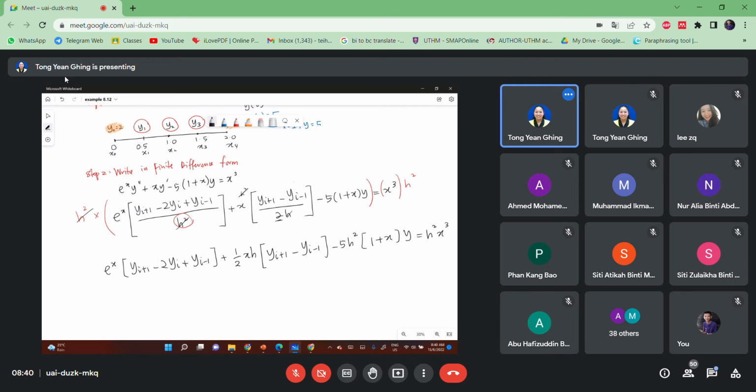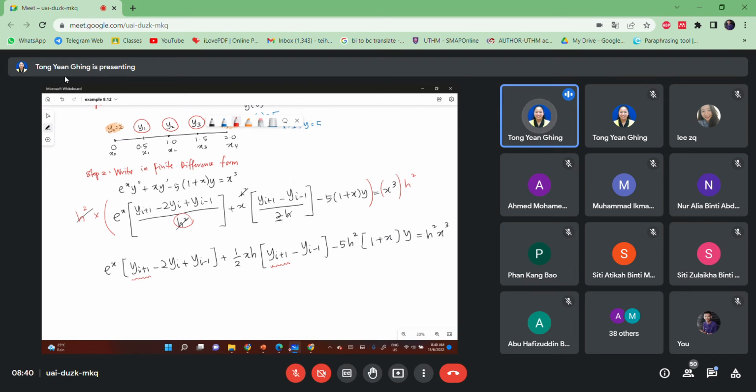Right. Now you look at here, we have different forms. This one is i plus 1, and here we also have i plus 1. So I want to merge them together for the y(i+1).